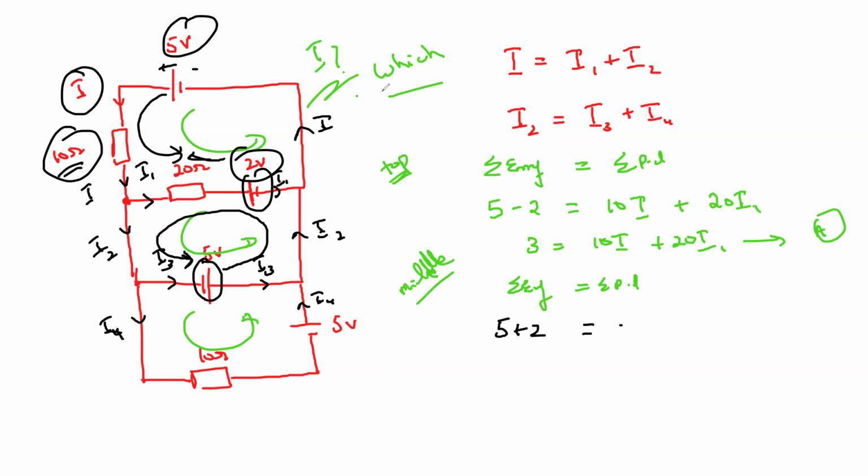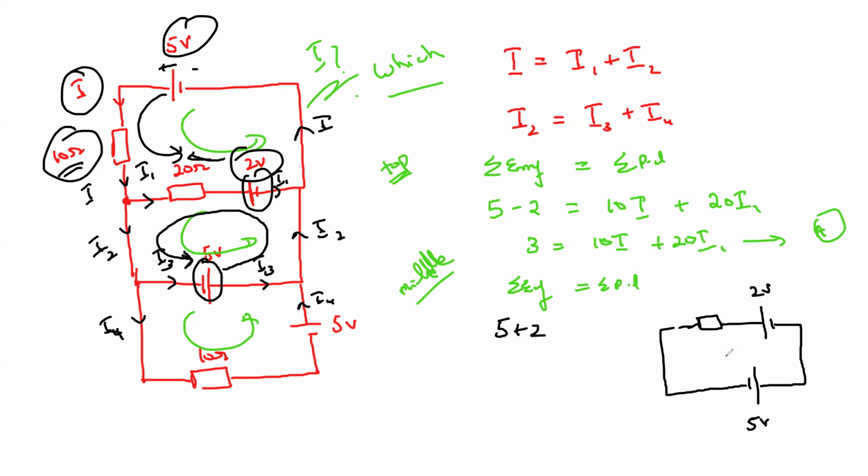Why did I add the voltages? If I just draw the middle loop, this is the middle loop. Here is 5 volts and this one is 2 volts.